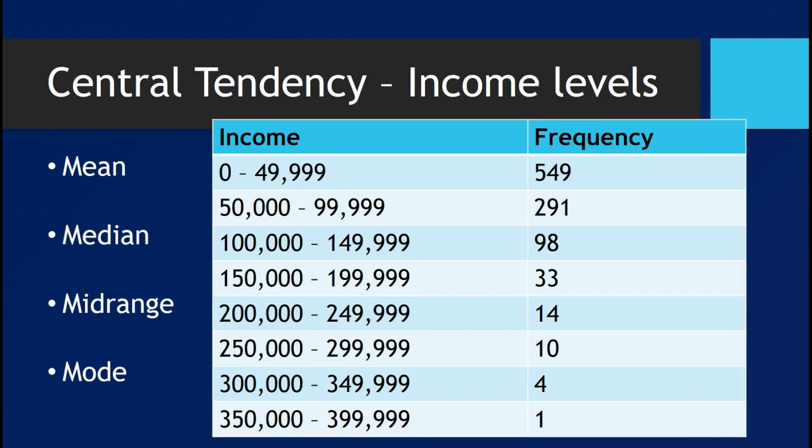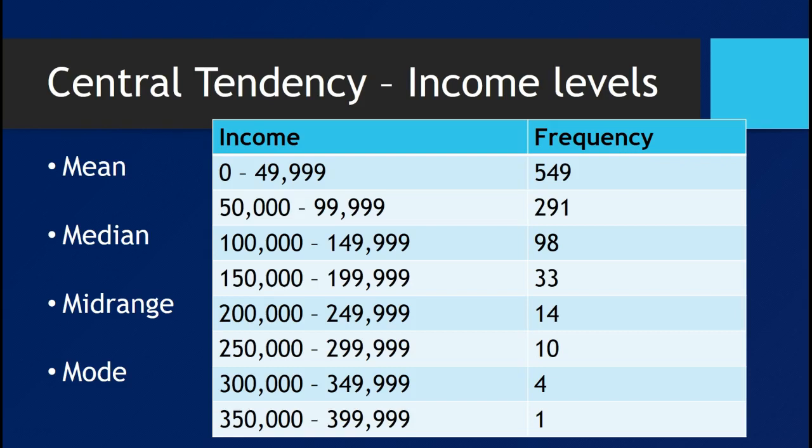For instance, what if I looked at this income example? We have different classes. That first class goes from $0 to $49,999, and it has a frequency of 549. So in other words, 549 adults had incomes that fell in that range, and so on for each category.